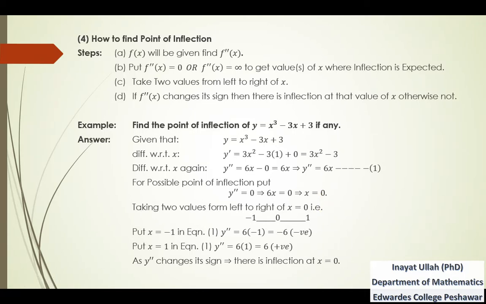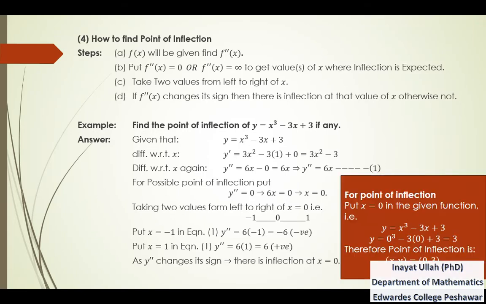For the point of inflection, we need to find the point on the curve, and the point on the curve is an ordered pair. The first value is the value of x, and the second value is the value of the function.